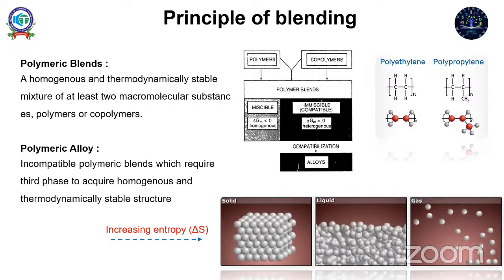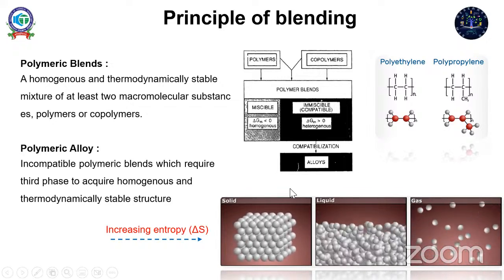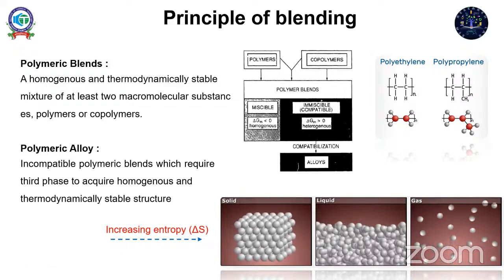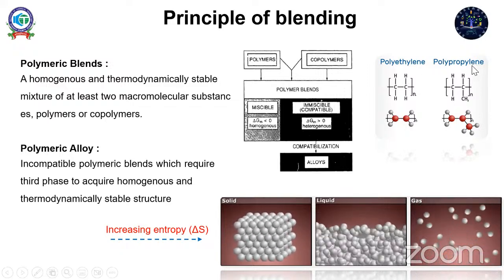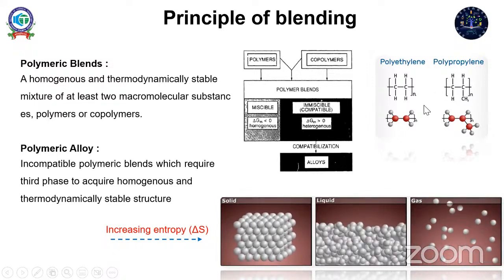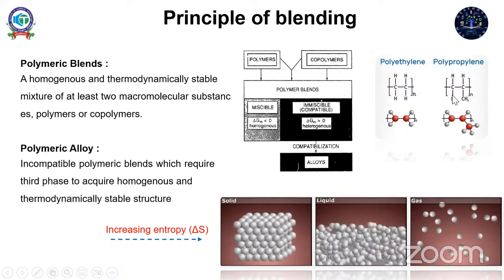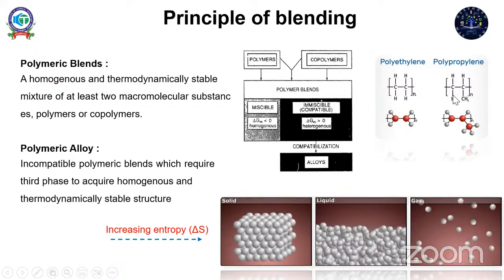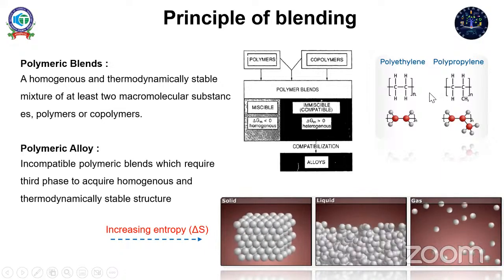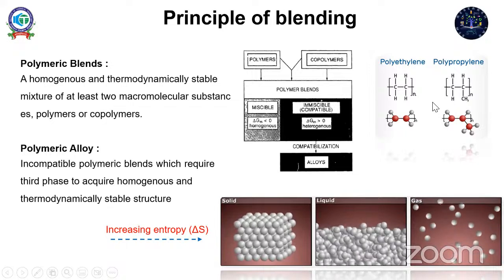Now, just tell me, when you mix polyethylene and polypropylene, as shown in this figure, what do you think? Will it mix properly like sugar and water, or will it mix like oil and water?